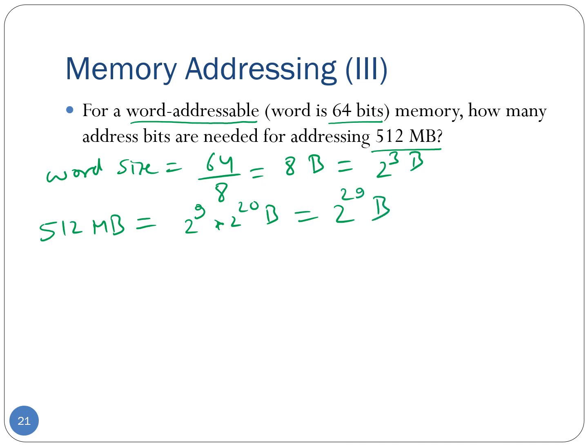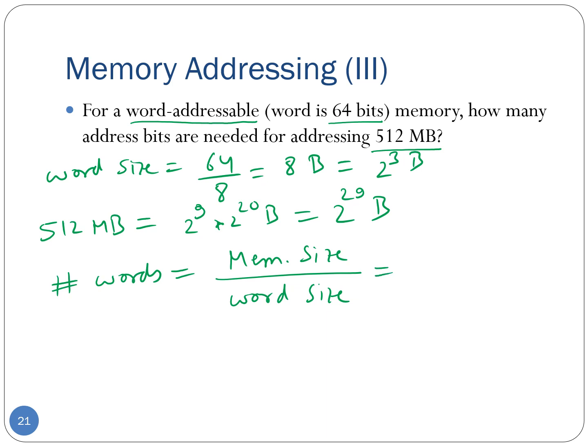Now how many address bits are needed? To figure that out, we first need to figure out how many words there would be in this total memory system, right? So the number of words would be given by memory size divided by word size.